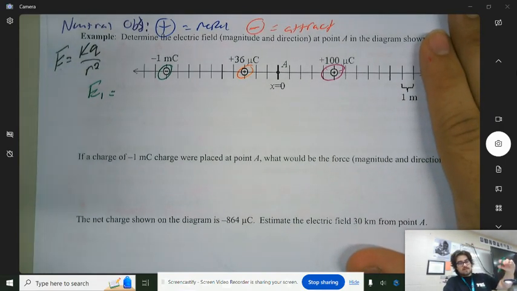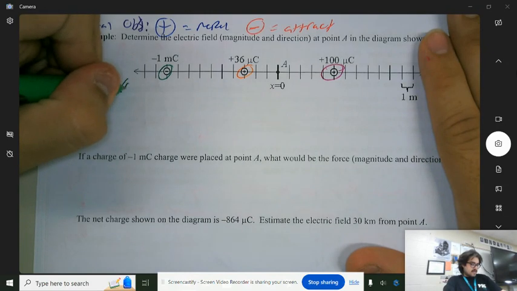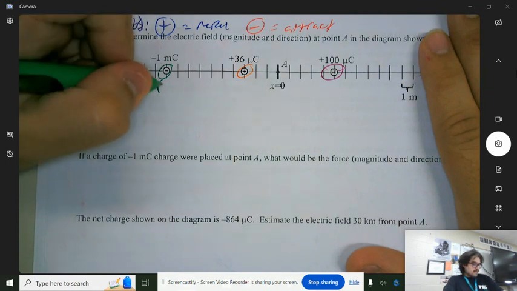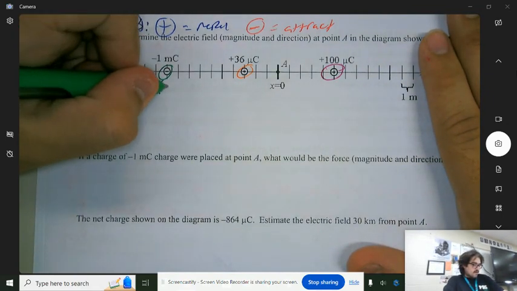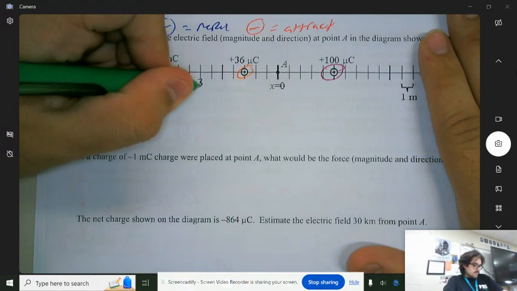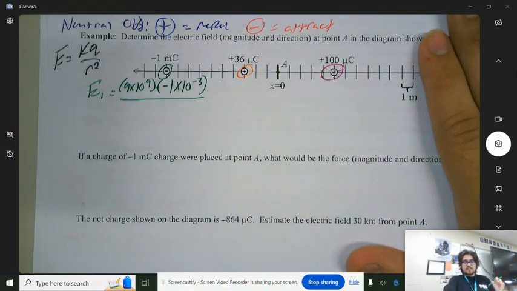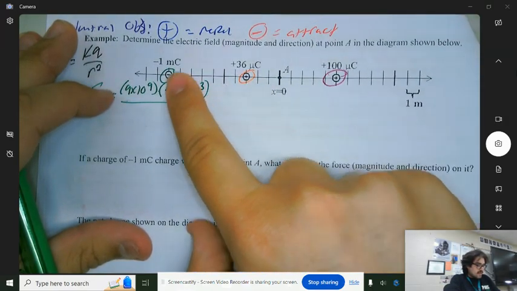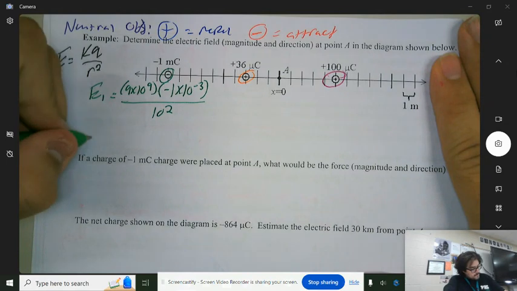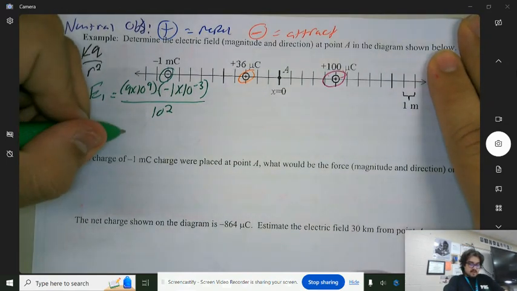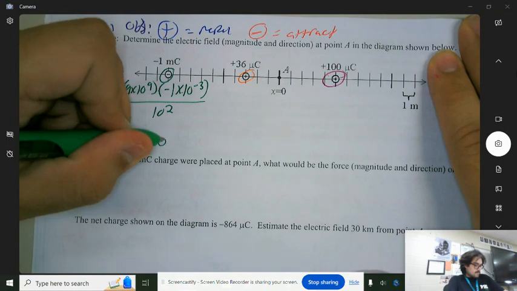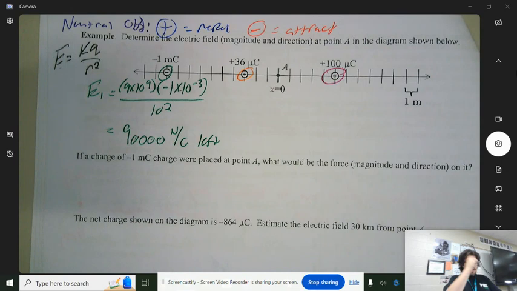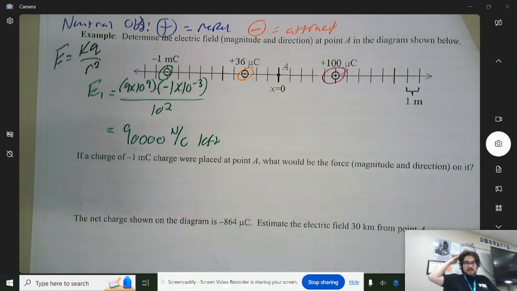It's going to be k, which is 9 times 10 to the 9, times Q, which would be negative 1 times 10 to the negative 3rd, over r, the distance between this and the point we're looking at: 1, 2, 3, 4, 5, 6, 7, 8, 9, 10. You calculate that out and you should end up getting 90,000 newtons per coulomb to the left.